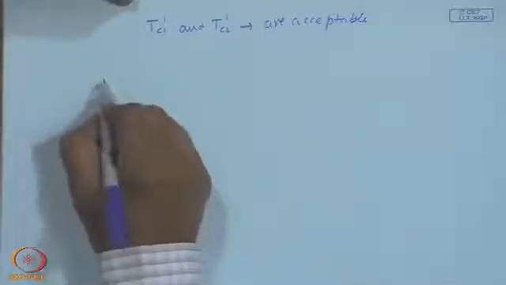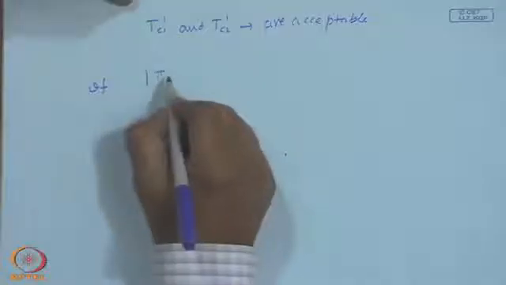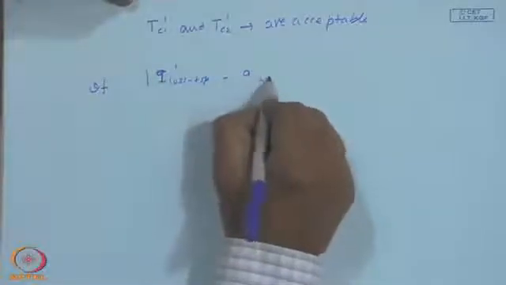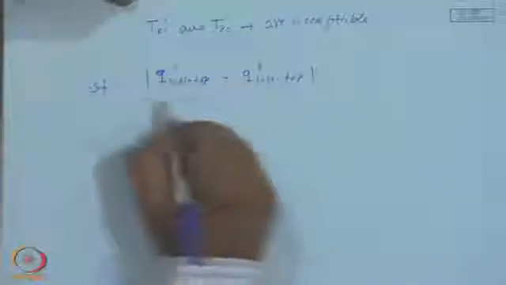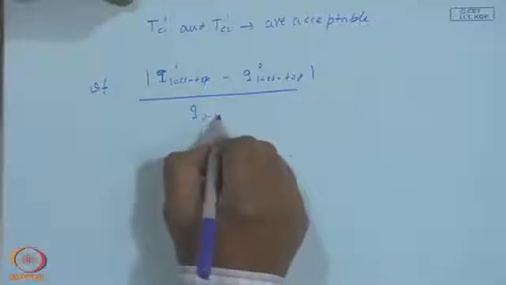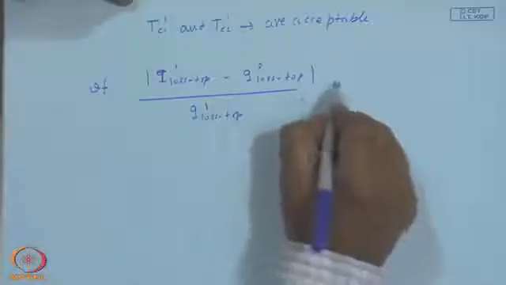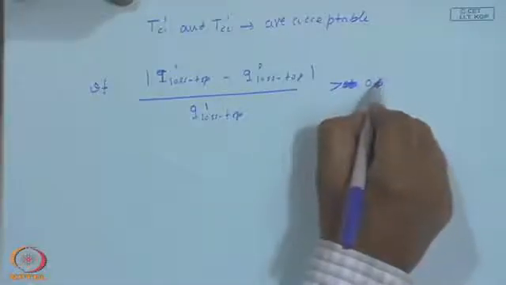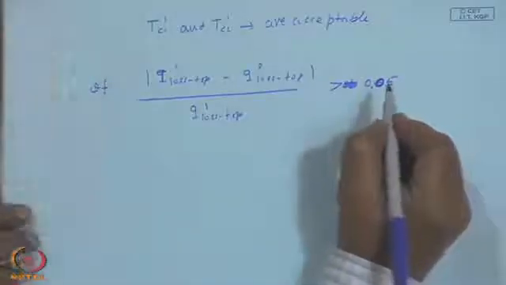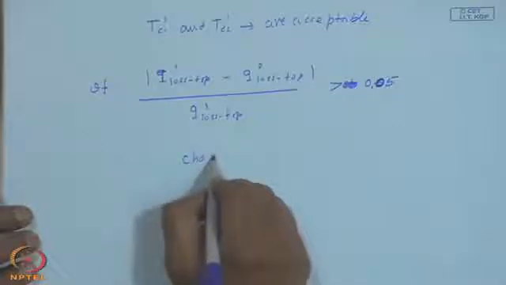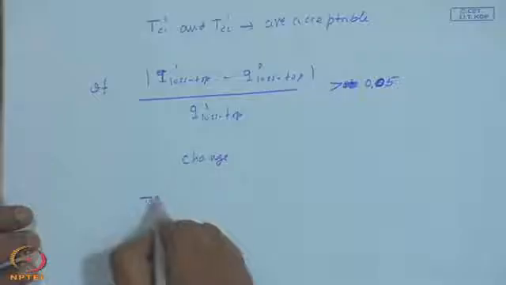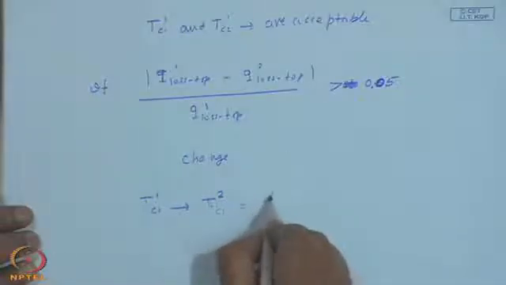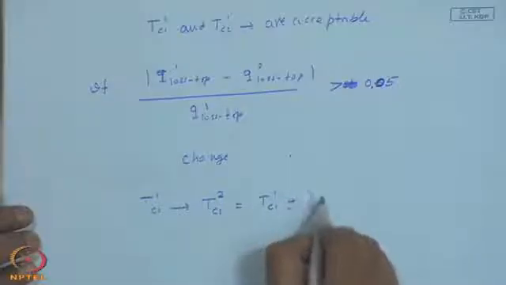If not, if it is greater than 5% (0.05), say, then change instead of T c 1 1, change to T c 1 2, which will be some T c 1 1 plus or minus delta t.